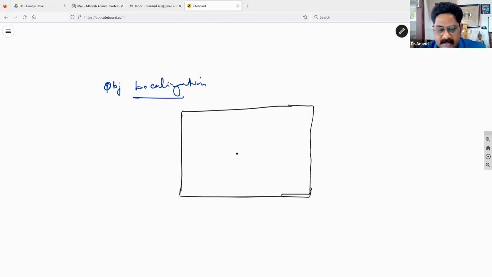Suppose here is my region of interest, and we are going to form a bounding box to this region of interest. Say in this portion you have got some object, you wanted to put a bounding box. How is it represented?